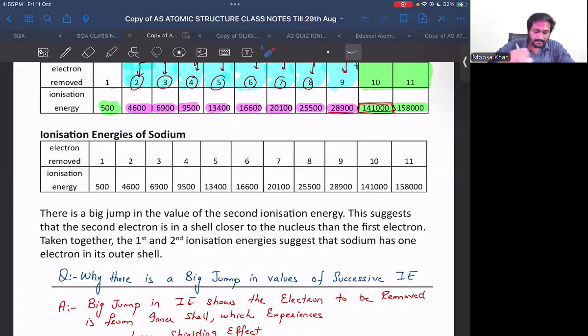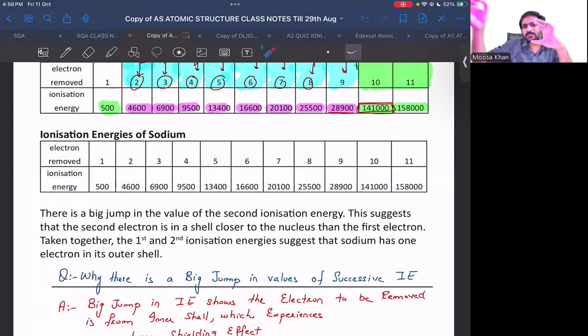Because if you just compare the values of successive ionization energies of sodium, the first electron that you're going to remove from any atom would be in its outermost shell, right? It should be in the valence shell, because once you start removing electrons, you remove the electron from the highest energy orbital first.